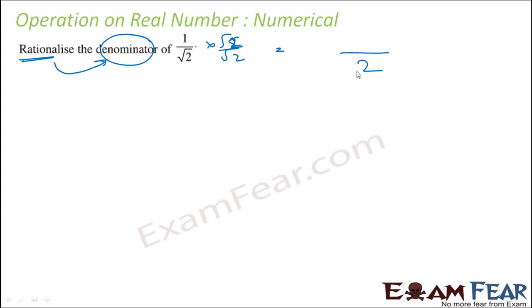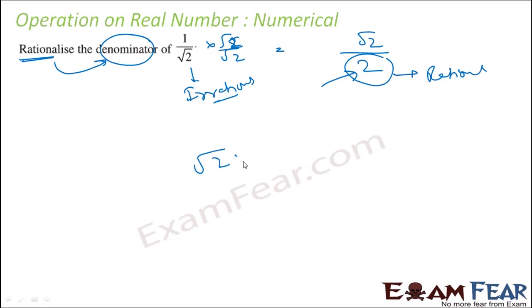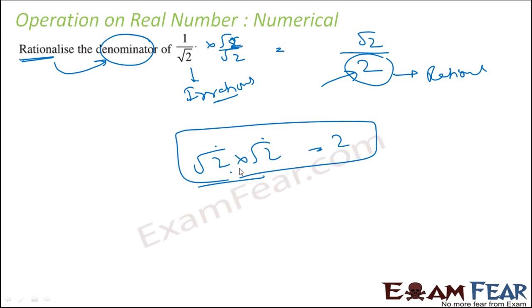So root 2 into root 2 is 2, and the numerator becomes root 2. By multiplying root 2 by root 2, my denominator is rationalized. This is a rational number. This was irrational, but just by multiplying, and we have told you that if you multiply two irrational numbers, you may get a rational number.